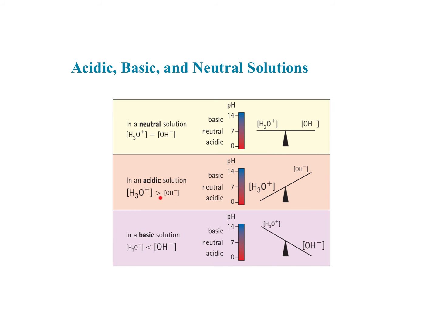And so this is, of course, the greater than symbol that you learned in your math classes. And so the concentration of these is greater than the concentration of those. In a basic solution, you're adding a bunch of hydroxide ions and you're tipping the seesaw the other way. And so in a basic solution, the amount of hydroxide ions is bigger than the hydronium ions.